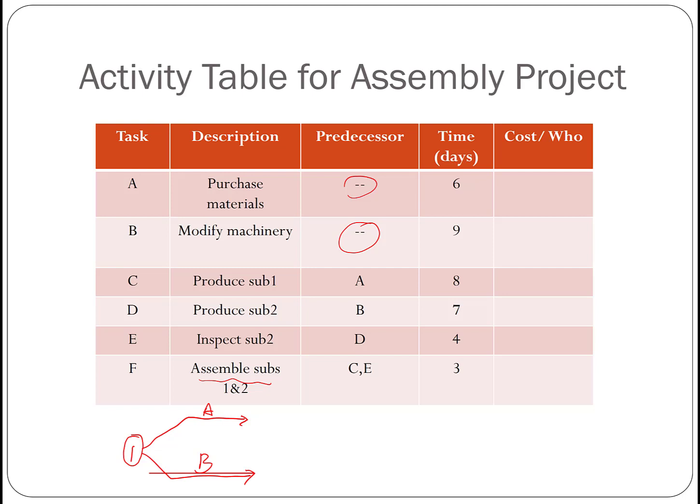And then A is a predecessor of C, so we will have C following A. And we also have B being the predecessor of D. So D will follow B. Then D is the predecessor of E. Both C and E are the predecessors of subassembly 1 and 2.